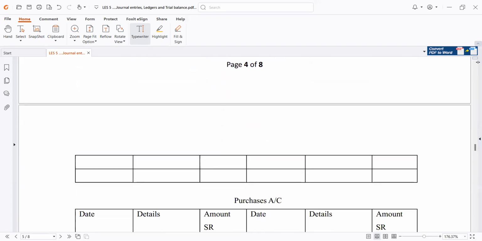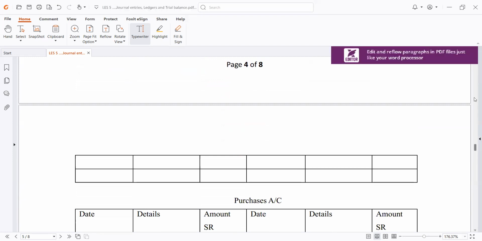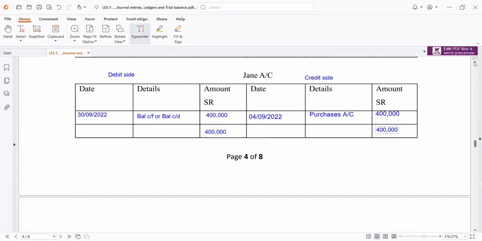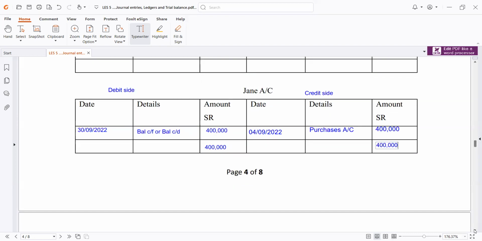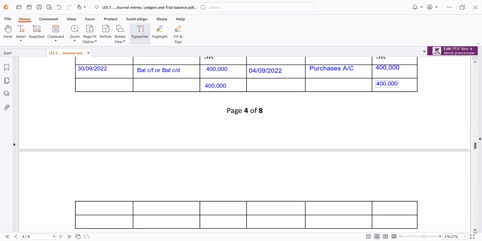So before I proceed for Jane's account, we've carried forward on the debit side. So we need to bring down this amount, the 400,000. You'll bring the amount at the beginning of the month, which will be 1st October 2022.